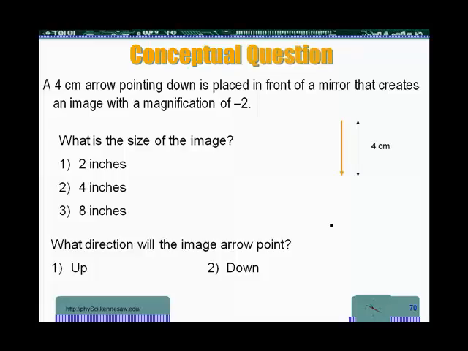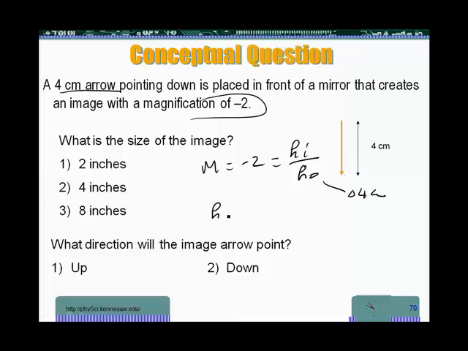Okay, we have another question here. A 4 centimeter arrow pointing down is placed in front of a mirror that creates an image with a magnification of -2. What is the size of the image? Okay, so magnification is -2, which is hi over ho. ho is given as 4 centimeters.